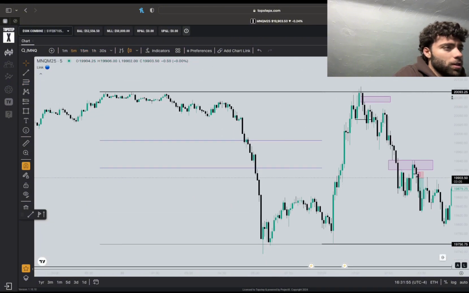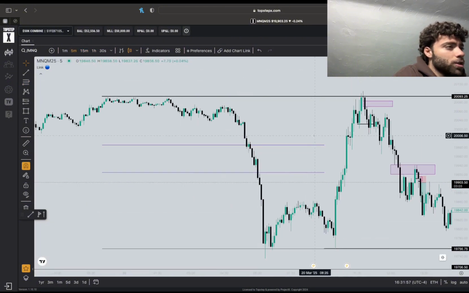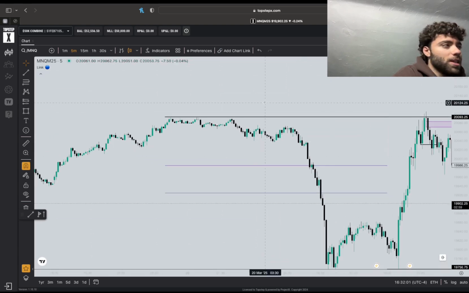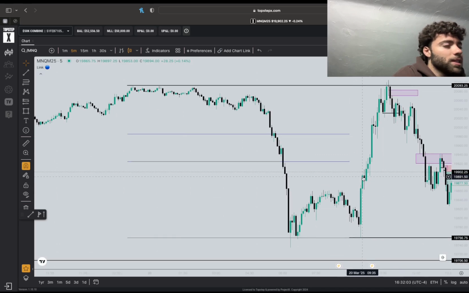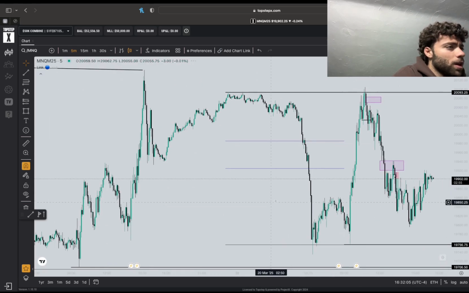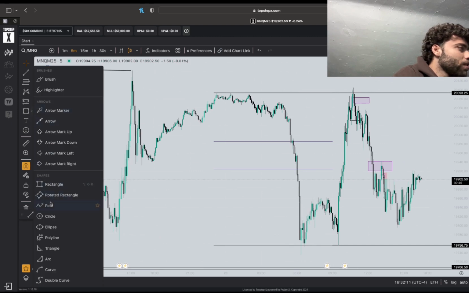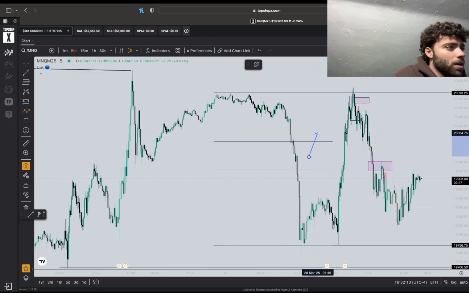At least with this long right here, we're so deep in the premium zone, it's likely now that price is going to take out this high rather than continue to the downside. Because if price is really bearish, we're going to start reversing at around this point here.